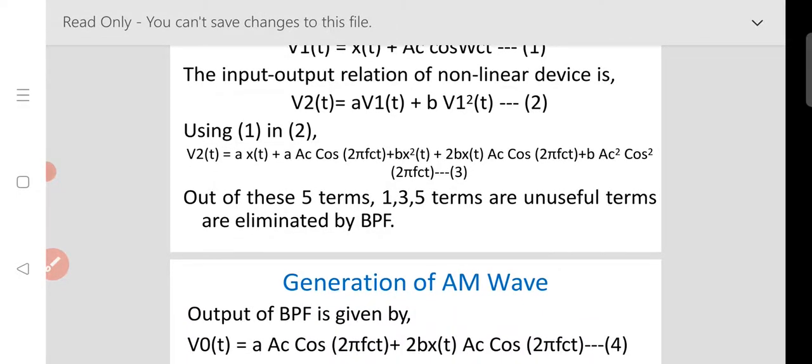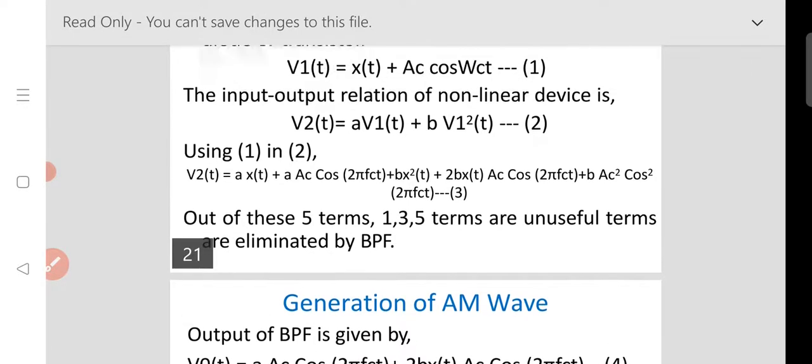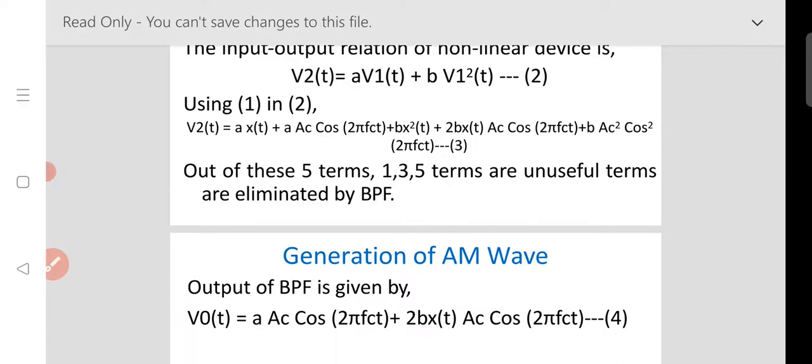V2 is a1 V1 of t plus b1 V1 square of t. It means we take only lower order terms. We remove higher order terms, as we discussed a few minutes ago. So using this 1 and 2, we get this final equation.